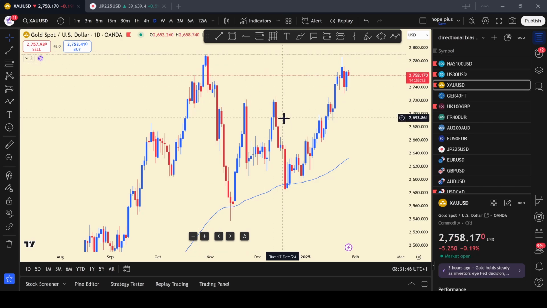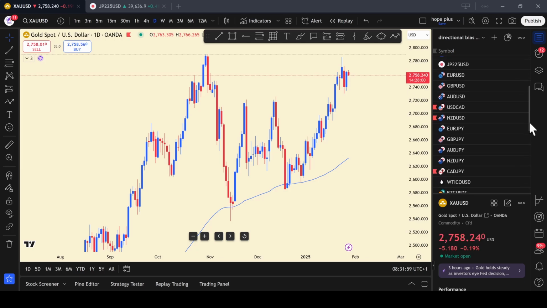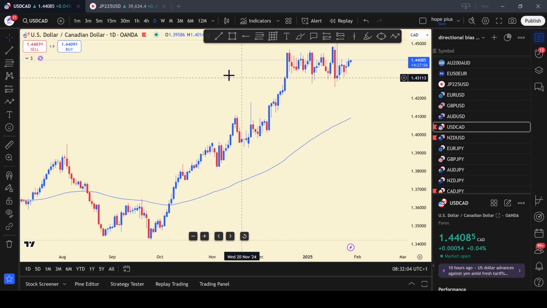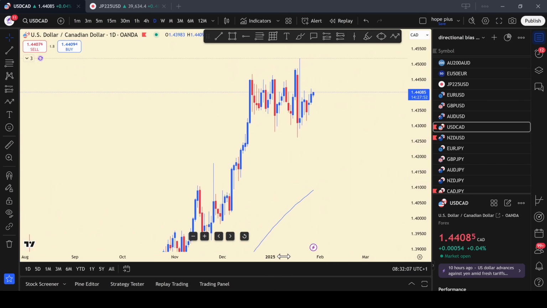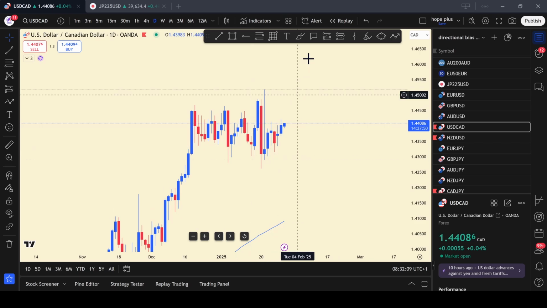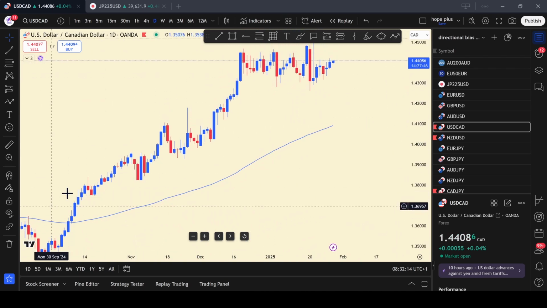I sent an email to those that subscribe to the VIP signals, and that trade was on USD CAD. So this is USD CAD, yeah. So what I saw was that price was bullish. And if you look at the direction of this market here, we have been bullish.